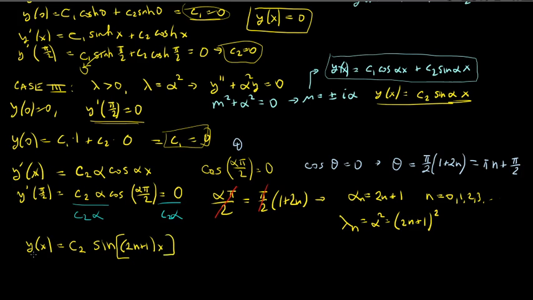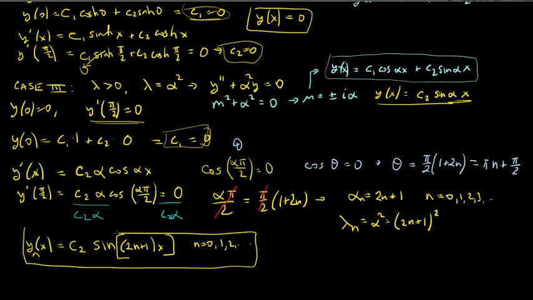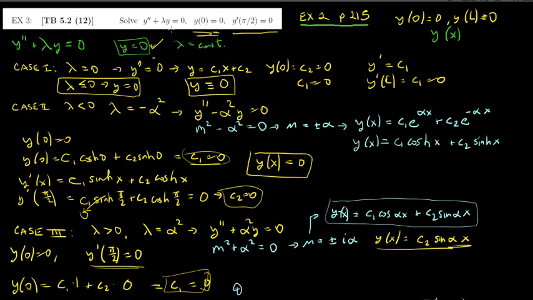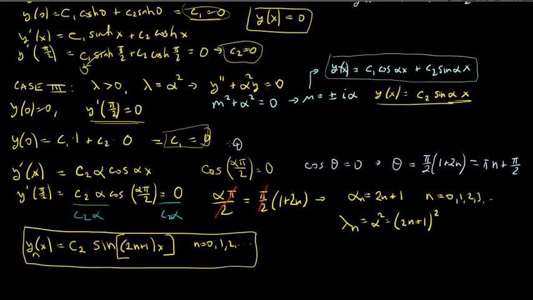Okay, so notice that you get many different solutions with all various values of n here. Again, starting at n equals 0. I think the book uses 2n minus 1 and it starts at n equals 1. It doesn't matter, same thing. So these are the non-trivial solutions to the original equation, which I should remind you, the original equation was y double prime plus lambda y equals 0.